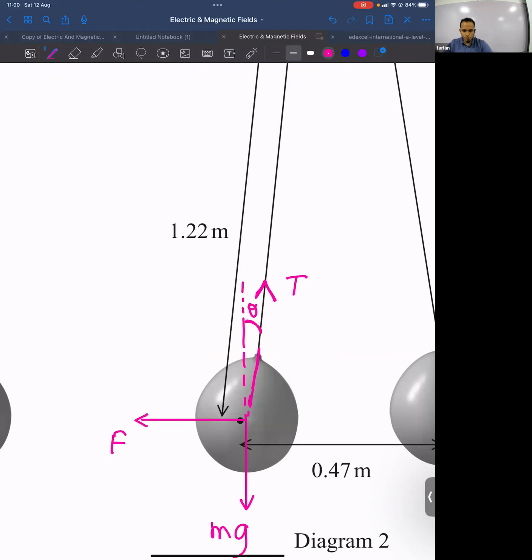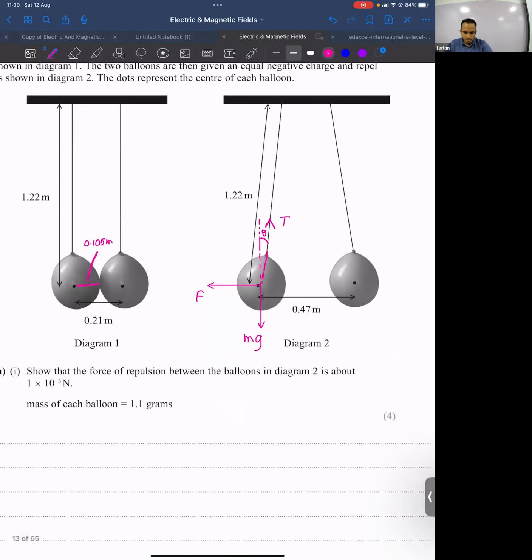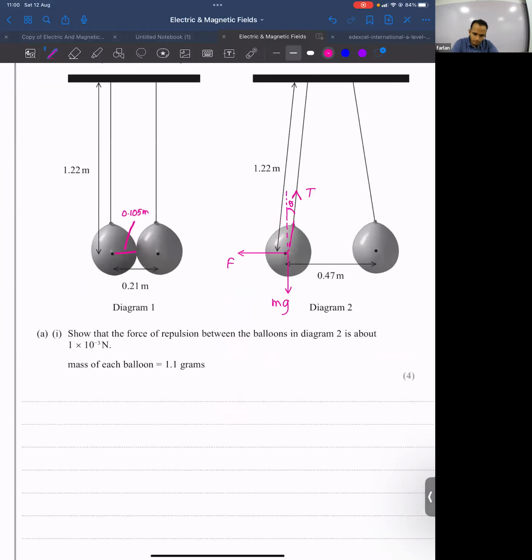Just listen to me. If I consider the vertical equilibrium of the balloon, just recall your AS physics: T cos theta equals mg. Am I right? And if we consider the horizontal equilibrium of the balloon, T sin theta equals F. Agree?